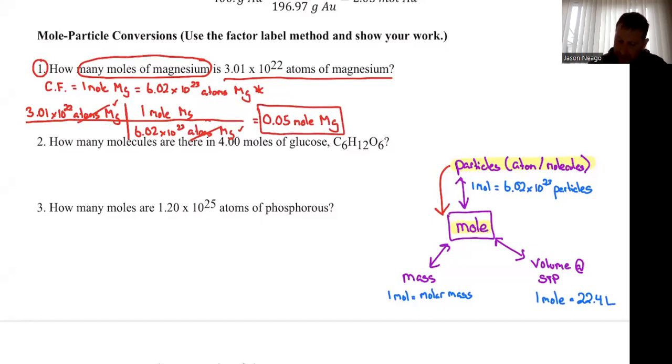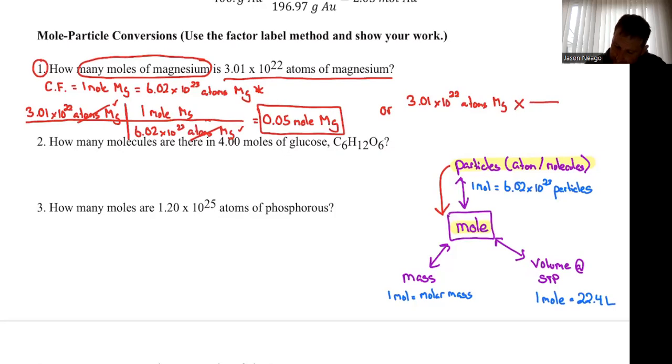You may see it done a different way. In the videos, they used fractions instead, but it ends up being the same thing. So the other method would be to do this. I take 3.01 times 10 to the 22nd atoms of magnesium, and then I would multiply that by my conversion factor.